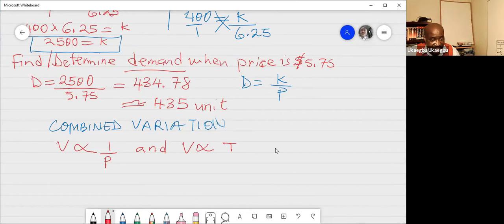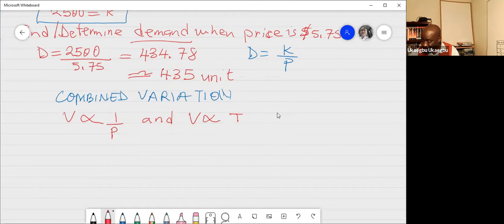So now it says that gas varies inversely as the pressure, and gas also varies as the temperature. So now this is combined variation. When you combine these two, V will vary directly as temperature over pressure.